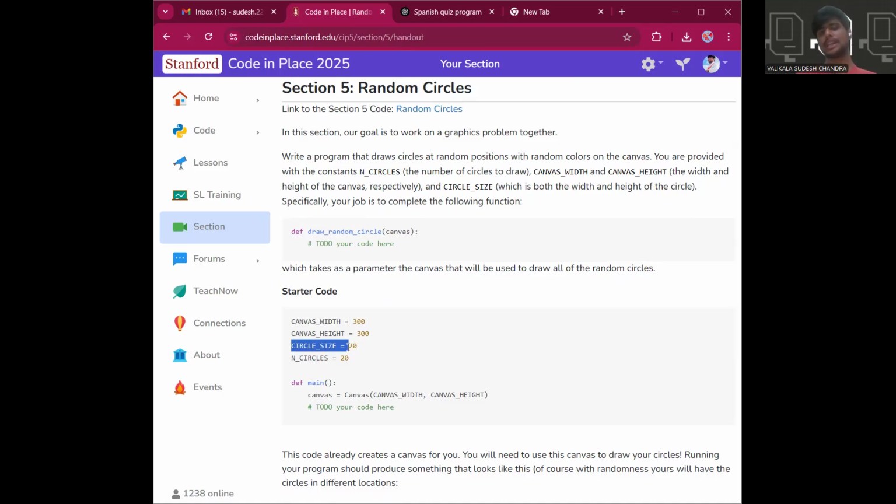The size of the circle is provided, the number of circles we want is also provided, and the height and width of the canvas are provided too. All the circles have to be present within these parameters, inside the canvas itself. How many circles? That is 20. The circles have to be presented inside the canvas.